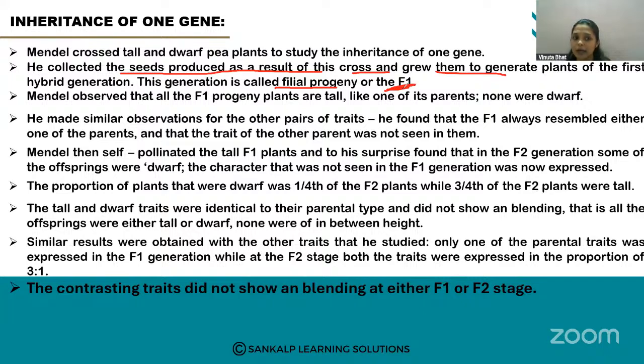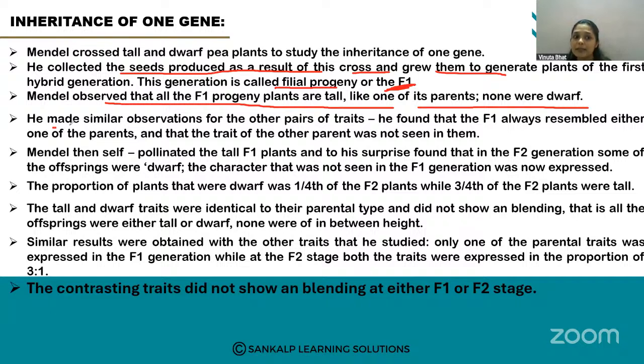Okay, F1 plants. And Mendel observed that all the F1 progeny plants are tall like their parent, none were dwarf. What he observed in this: all the plants grown in the F1 generation are tall. He crossed tall and dwarf plants, but none were dwarf.